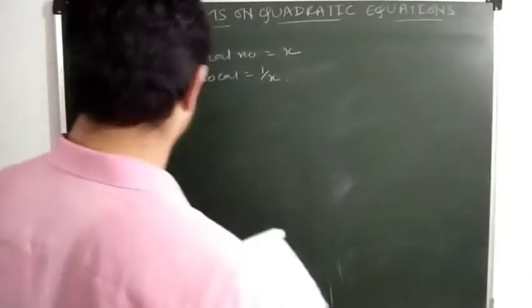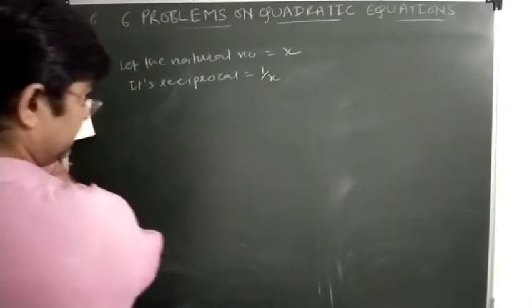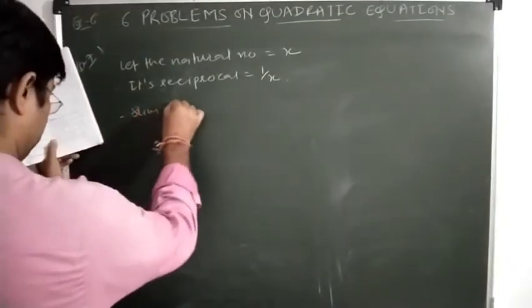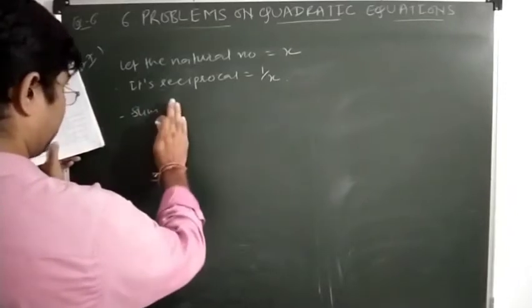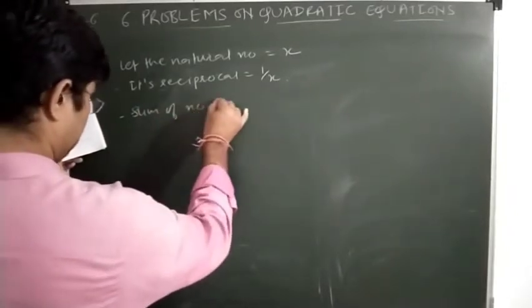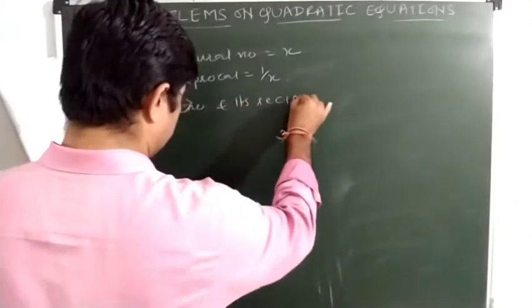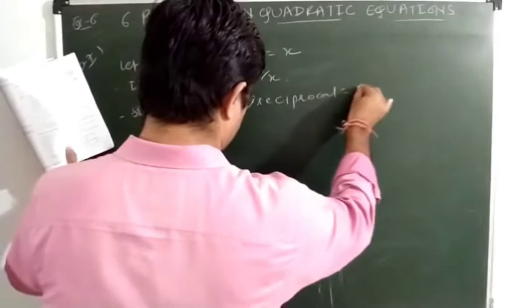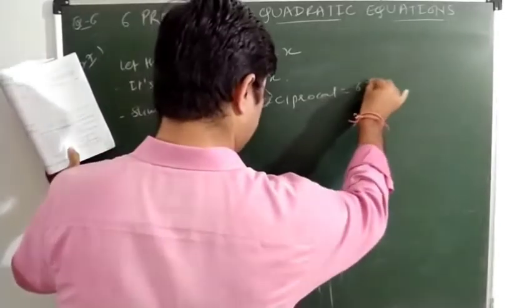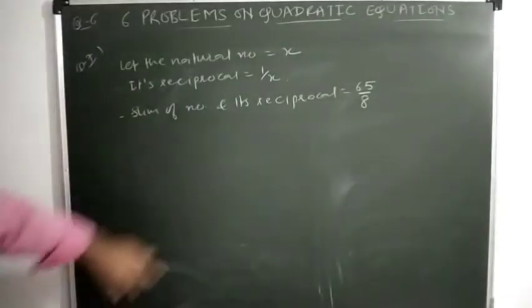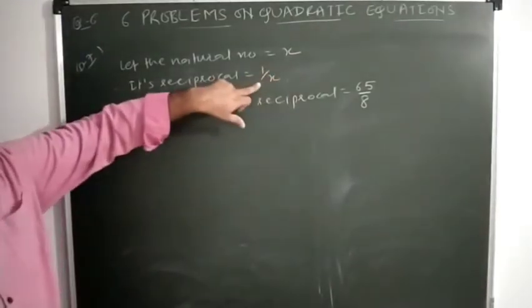What is the sum? Therefore the sum of the number and its reciprocal is given to be 65 upon 8. Clear? So here is the number and 1 upon x is its reciprocal.